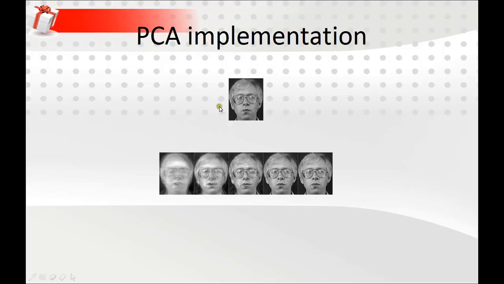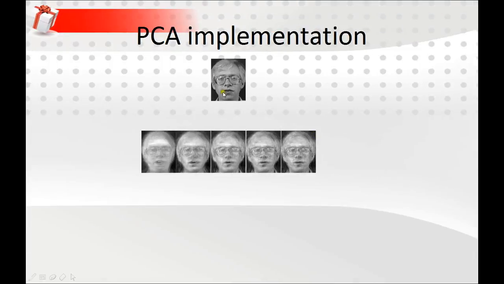If this picture is the same as the database, it will reconstruct exactly. It will become very clear they are the same. But if this picture is not from our database, it may be a little different. The reconstruction is not so good.